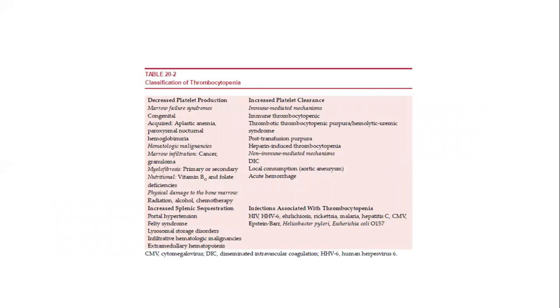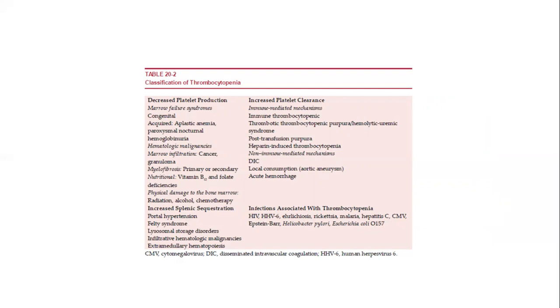So, in a nutshell, classification of thrombocytopenia, it can be either due to decreased platelet production, usually marrow failure syndromes, whether it can be due to congenital or acquired causes. Acquired causes usually aplastic anemia, then paroxysmal nocturnal hemoglobinuria, then can be due to hematological malignancies.